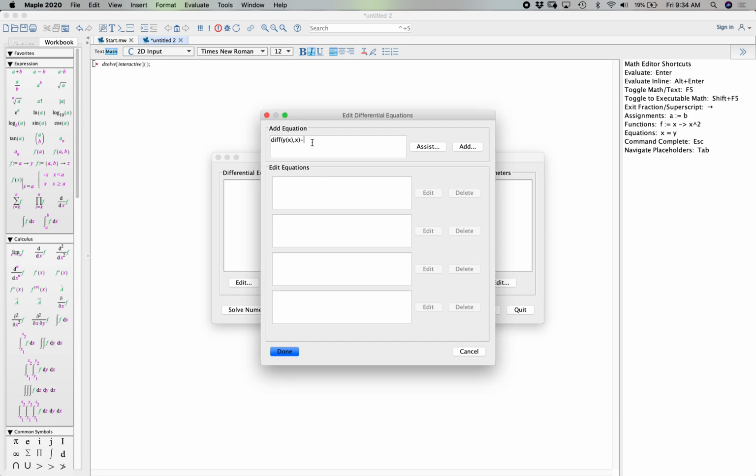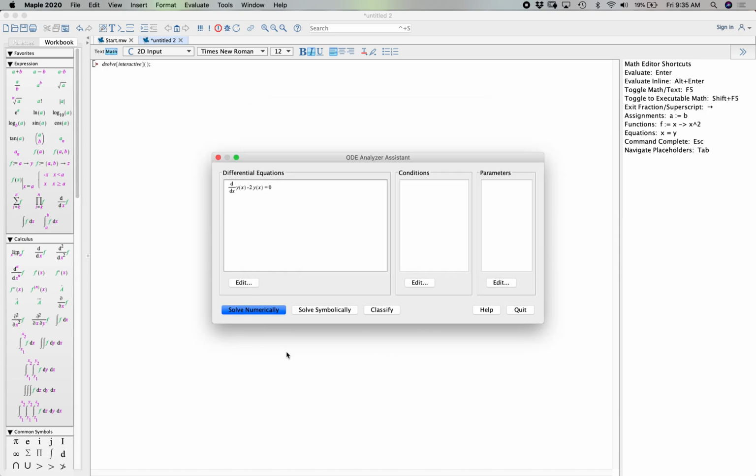We have minus 2, not just 2y, but minus 2 times y of x, is equal to 0. Once you're done typing, you click on Add. So you have dy over dx minus 2 times y of x is equal to 0. Click Done, and the equation appears.